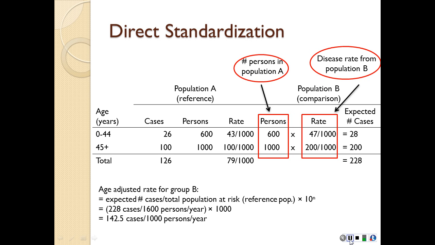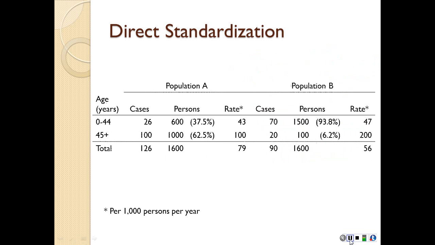So we have the disease rate from population B, which we calculated at the very beginning. We know that 47 per 1,000 people per year in the younger age group were sick in population B, and 200 per 1,000 people per year were sick in the older group, based on this information right here. So we have these stratum-specific rates.